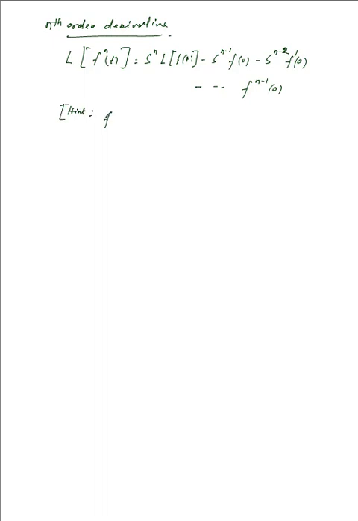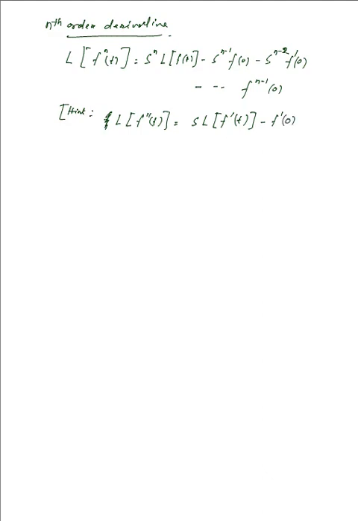So the Laplace transform of the second order derivative of f is therefore s times the Laplace transform of the first derivative of f of t minus f prime of 0.